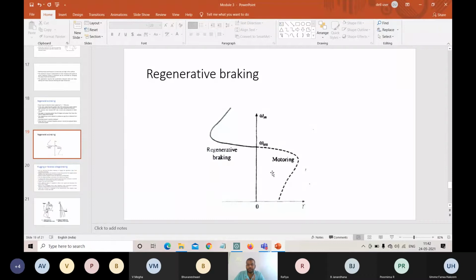This power, generated by opposing the field, leads to the opposing of motoring action. That is nothing but regenerative braking. The main applications of regenerative braking are in locomotives, that is in traction, used in AC tractions. So this is about regenerative braking.